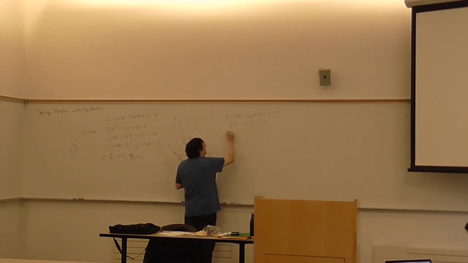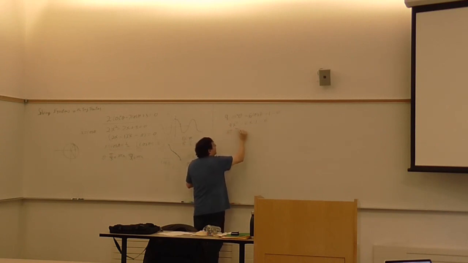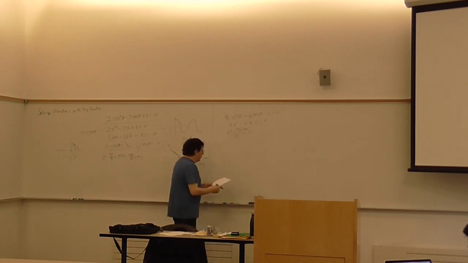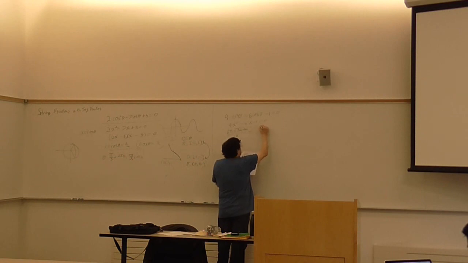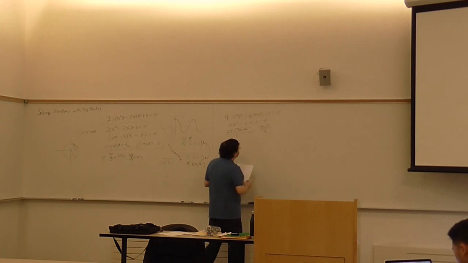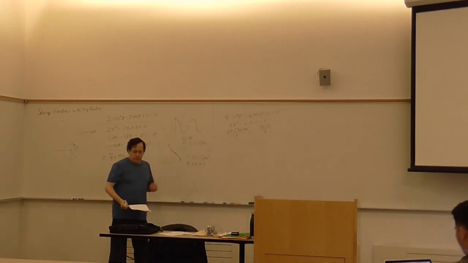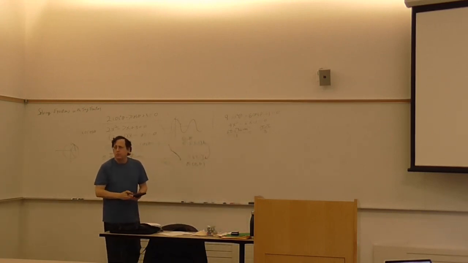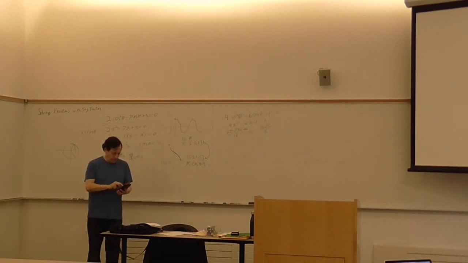So that tells us negative b is 6 plus or minus the square root of 36 minus 4ac, plus 36, over 2 times 9, 18. And that becomes 1 plus or minus the square root of 2, over 3. Well, fool me once, shame on you.